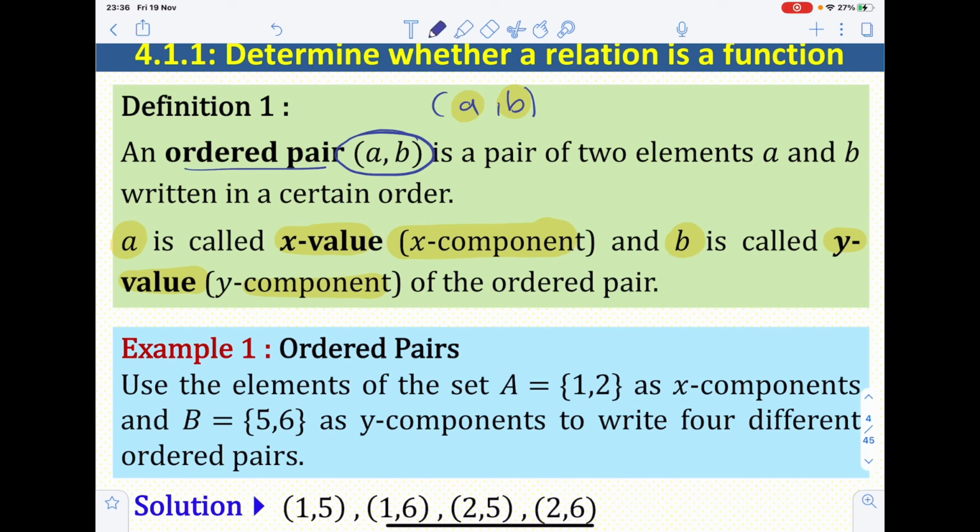And this one is called the ordered pair, يعني الزوج المرتب. وهذا إحداثي X وهذا إحداثي Y, يعني X component or Y component.